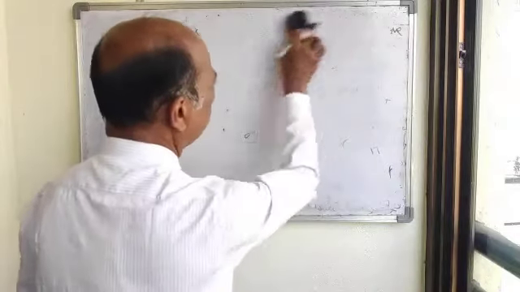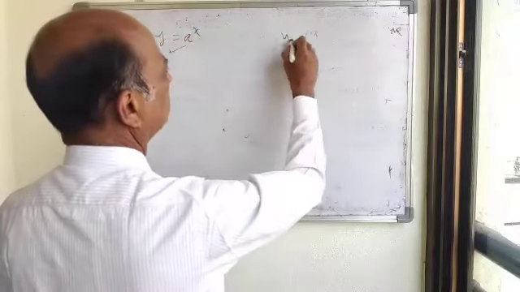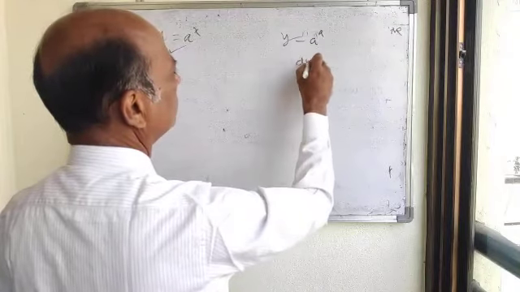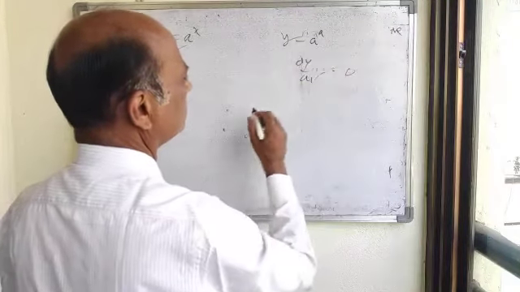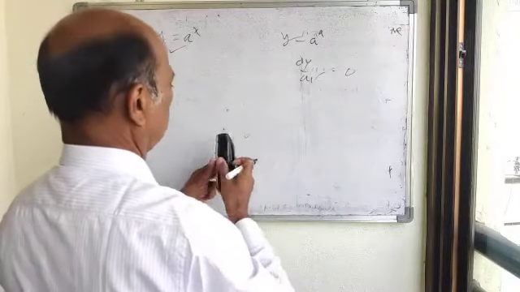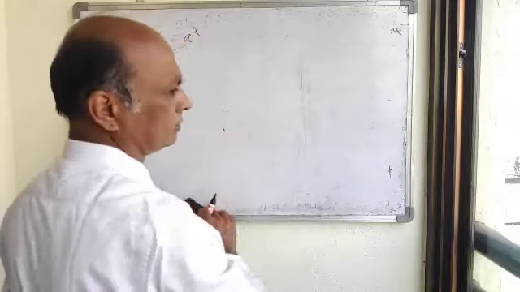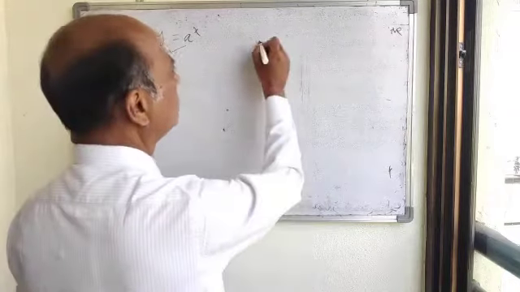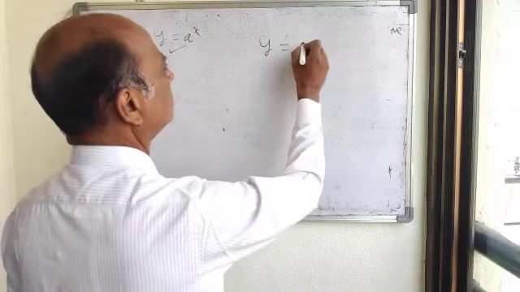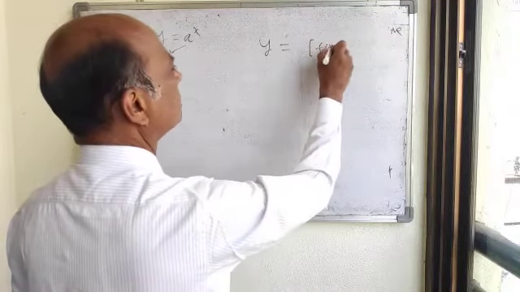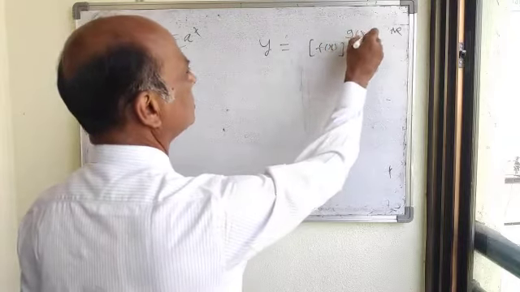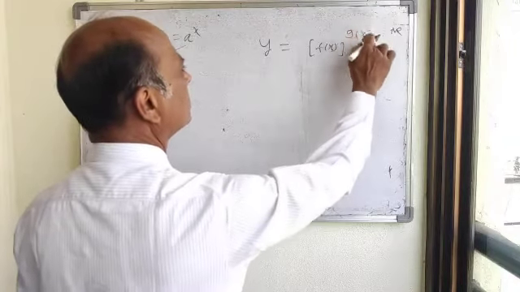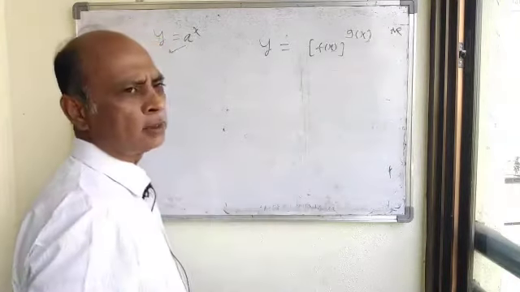Now a to the power a is a constant, and therefore its dy by dx is 0. Now the last case is when both the power and the base are variable, that is y is equal to f of x to the power g of x. Here we take a special case, for example x to the power x.